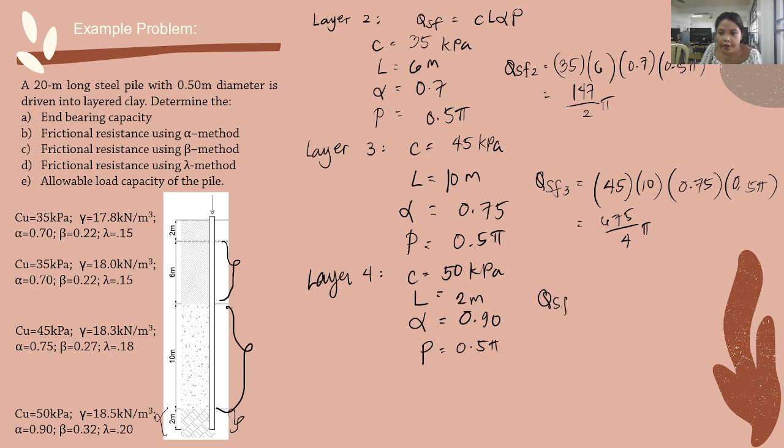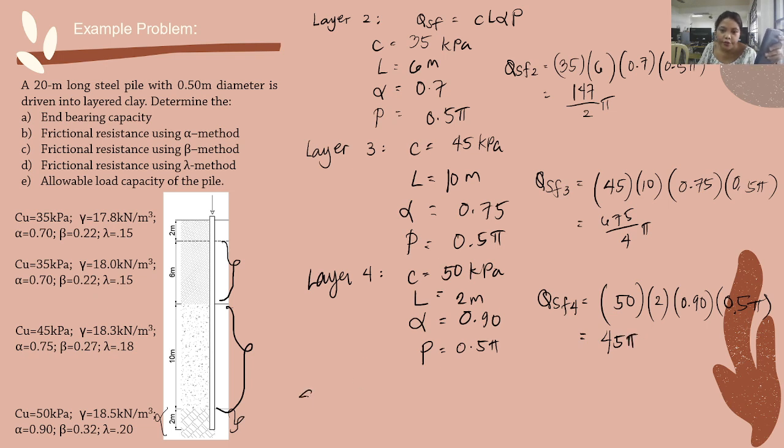So, QSF4 is equal to 50 times 2 by alpha 0.9 by P is 0.5 pi. Ilan yun? 50 by 2 by 0.9 by 0.5. 45 pi.